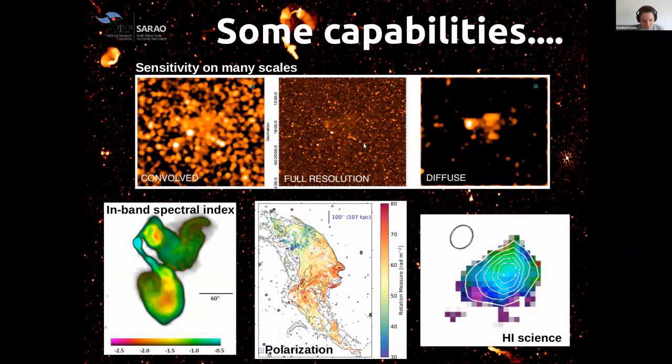Typically, if you are interested in faint emission, your standard go-to procedure to improve your sensitivity is to convolve to a larger beam. So what you see here on the left is this patch of sky convolved to 25 arc seconds.